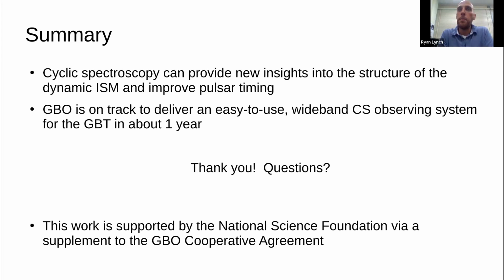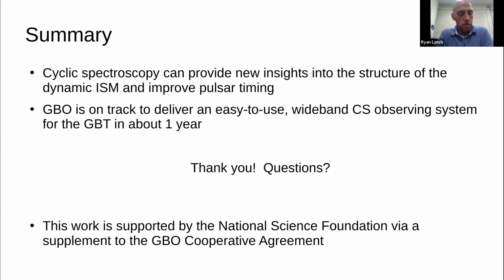And if we get to real time, there might be some limits that are more practical in that sense. But it'll be easy to specify different combinations of initial channelization and cyclic spectroscopy channelization just through the standard observing interface. And so there'll be many different combinations there.